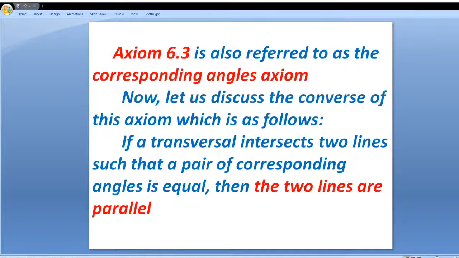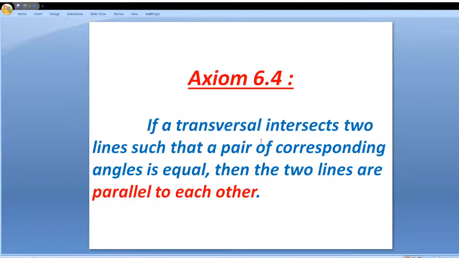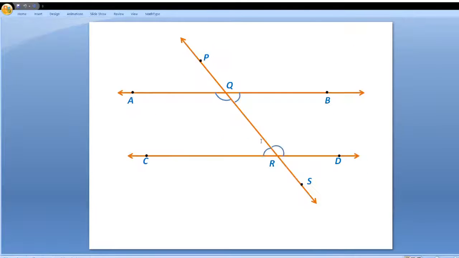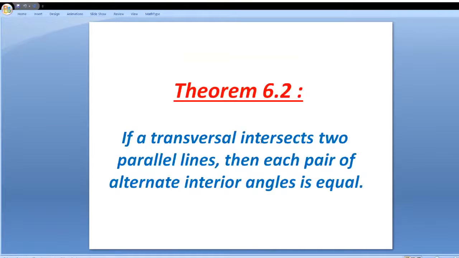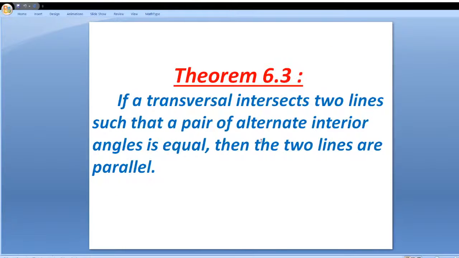Then exam 6.3, completed. And exam 6.4 also completed. And then we have also discussed about theorem number 6.2. If a transversal intersect two parallel lines, then each pair of alternative interior angles is equal.